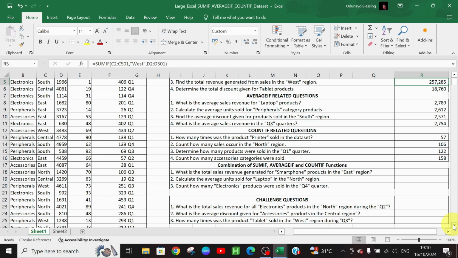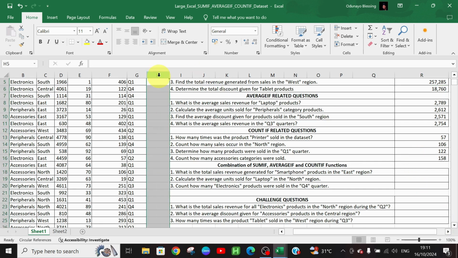Though SUMIFS, AVERAGEIFS, COUNTIFS make it more simplified, this class objective is limited to COUNTIF, AVERAGEIF, and SUMIF. So we'll look for a way around in order to get our answers for each of these functions. So look at the combination of SUMIF, AVERAGEIF and COUNTIF function question.